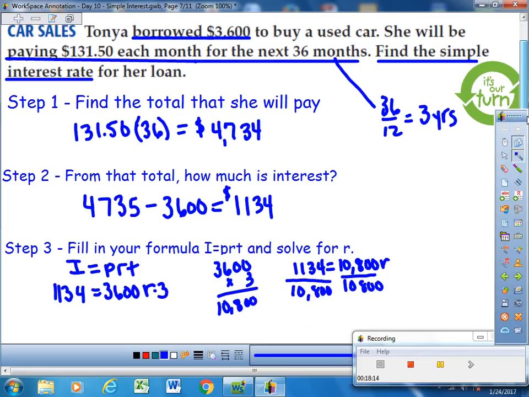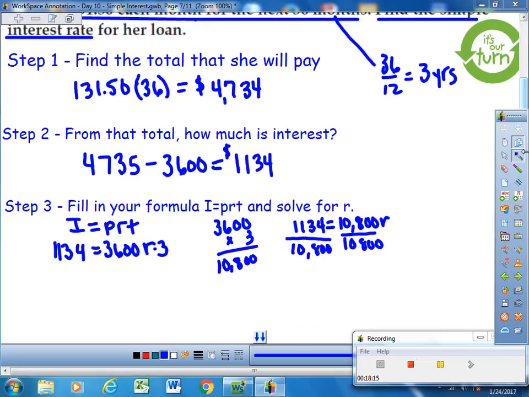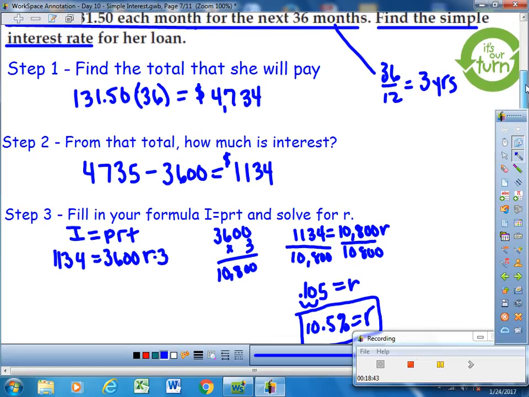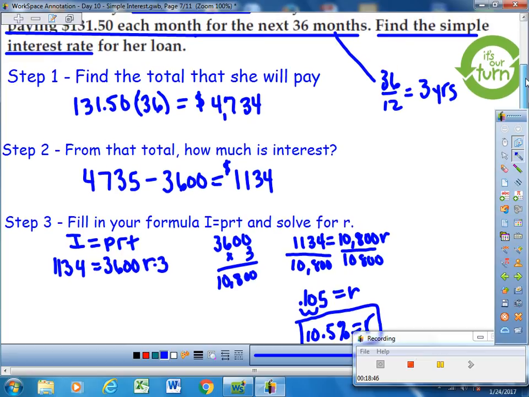And when I divide that out, I get 0.105 equals R. So I change this to percent, move the decimal place twice, so it's 10.5% is my rate. If you're buying a car, that's a high interest rate. All right, so there's your question. I found my simple interest rate.